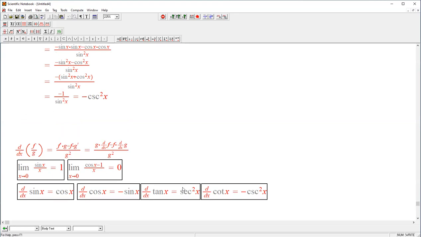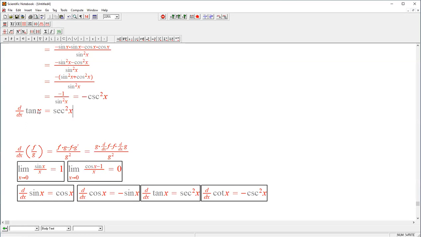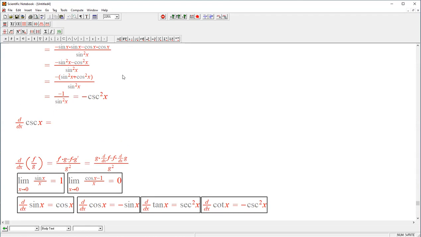The derivative of cosecant. What is the formula? If we know the relationship between cosecant and sine, we know that this is 1 over sine x, right?